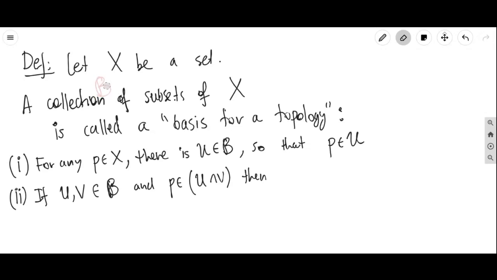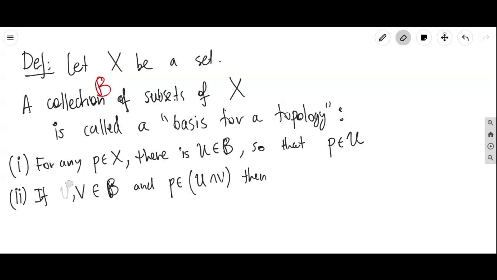It itself will not necessarily be a topology, because in a topological space, one of the requirements is that if two things belong to your topology, then the intersection of them has to belong to your topology. But this is not going to be a topology. This is called the basis for a topology.